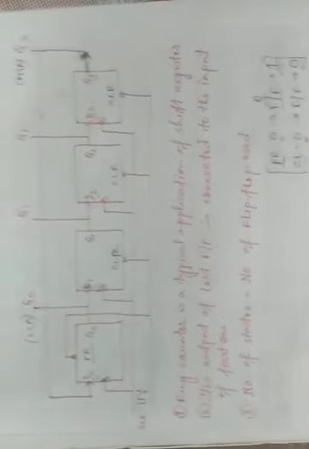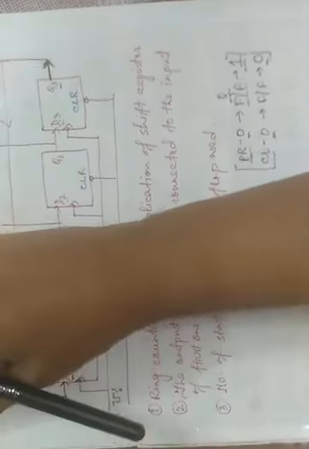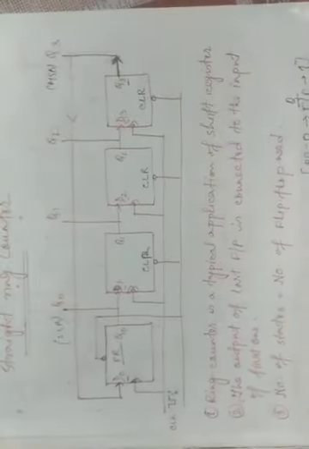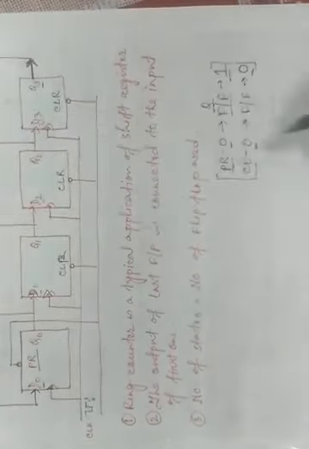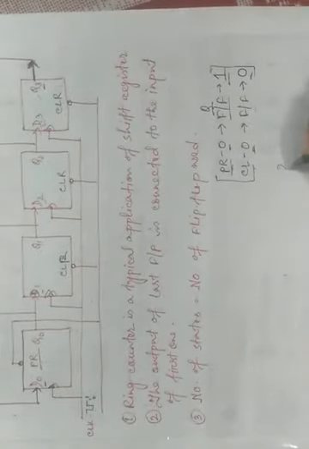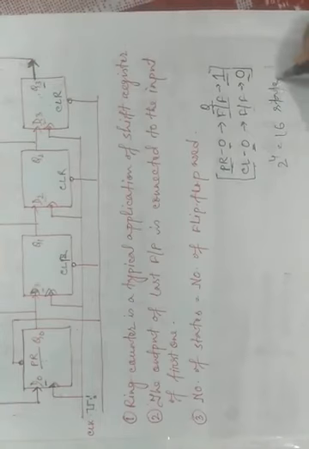Okay, now for every counter there must be a number of states. This is a main question in every counter. We know that in this straight ring counter we have used 4 flip-flops. So there must be 2 to the power 4 equals 16 states.